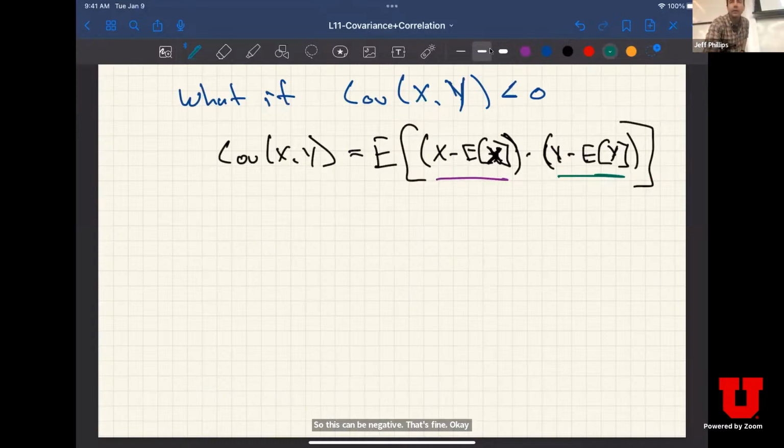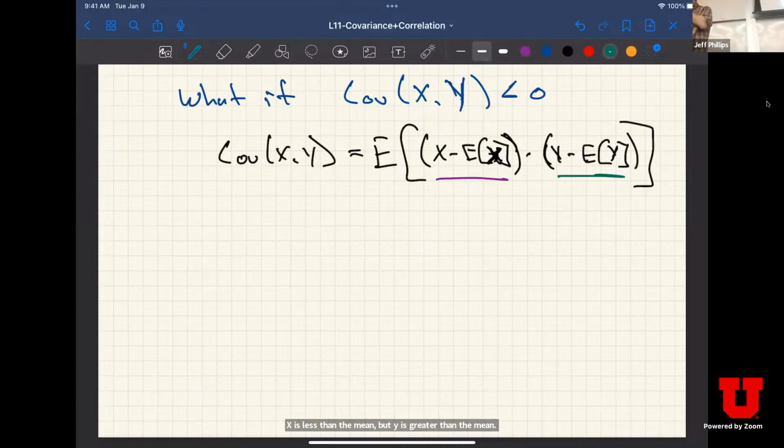So it's fine if it's negative, and that corresponds to when x is greater than the mean, but y is less than the mean, or x is less than the mean, but y is greater than the mean.